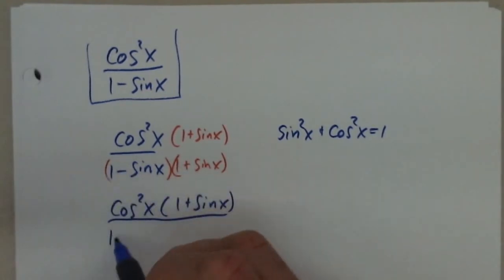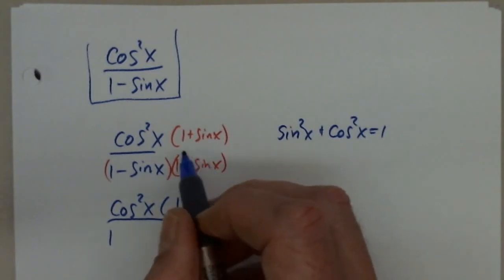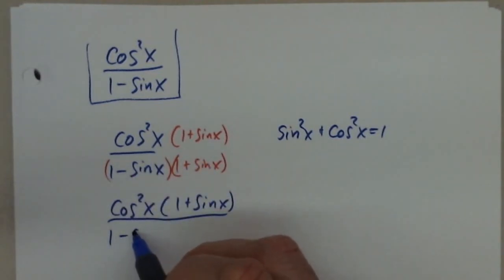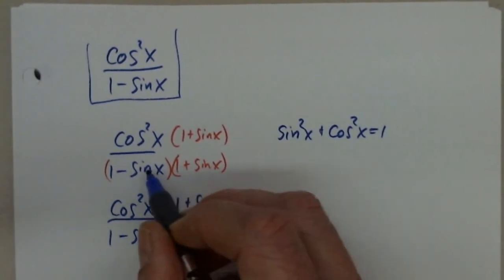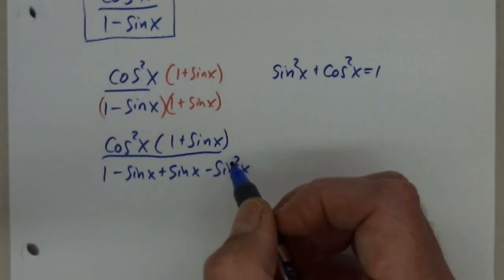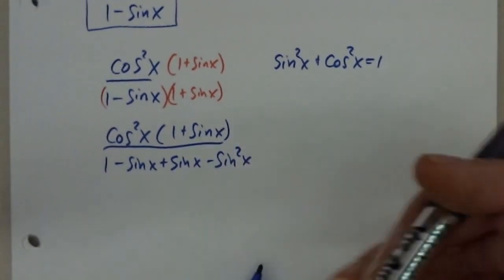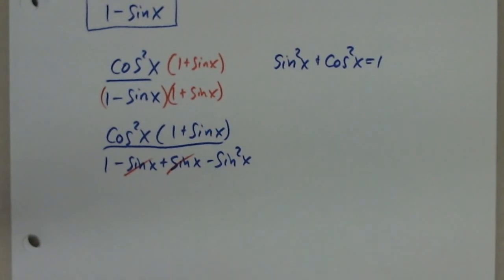this is going to create a Pythagorean identity. So 1 times 1, sine, that'll be a negative sine and a positive sine. So we have a negative sine x, positive sine, and then minus sine squared. So this equals 0, and we have 1 minus sine squared.